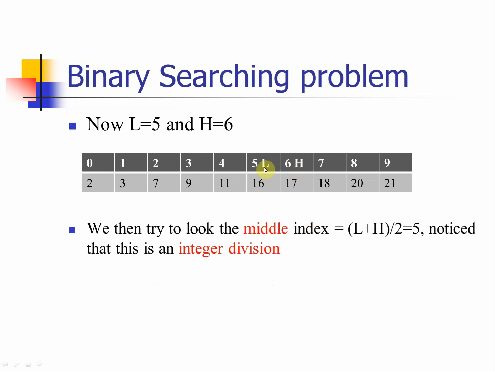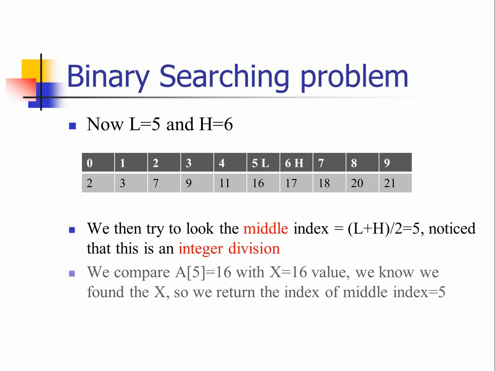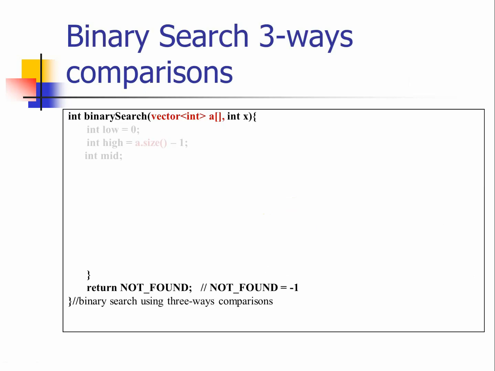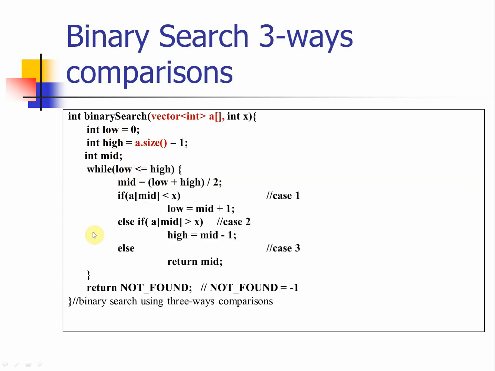And then we look into the middle value, finding that the index of 5 is actually storing the value of 16. So we hit the third if statement, indicating that this is what we are interested in, and therefore we need to return the index of 5. That's what is happening in the loop version of the binary search. We define low and high, and then inside of the loop, as long as low is less than or equal to high, we continue doing this.